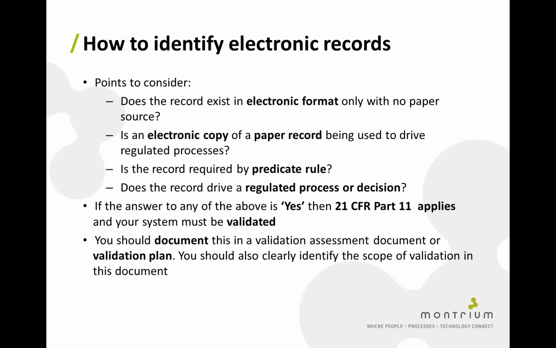And if the answer to any of the above is yes, then 21 CFR Part 11 applies and the system should be validated. And you really need to document this because this is really what the agency is looking for. They want to understand your rationale for validating this system and also to what extent you're going to be validating this system. And this is typically something that you document in a validation plan or within a validation master plan.